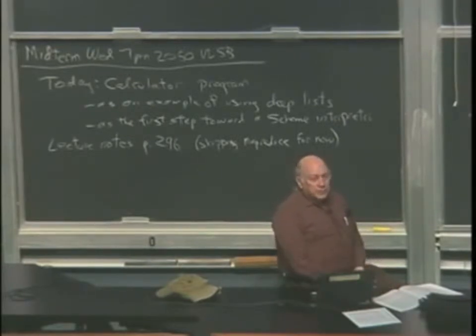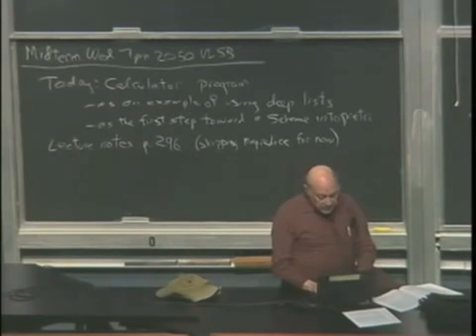Big important point. We are here dealing with two different programming languages. The calculator is a program written in Scheme. The language that the calculator implements is a programming language, a really trivial one, but a programming language, that isn't Scheme. So when I say, for example, that there are no variables in the calculator language, if I say foo, that's an error.